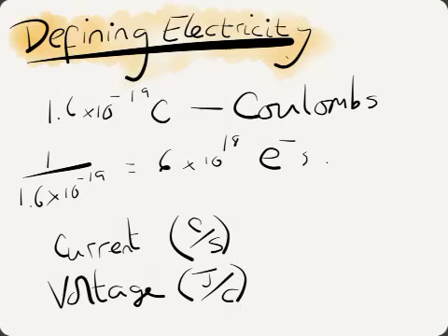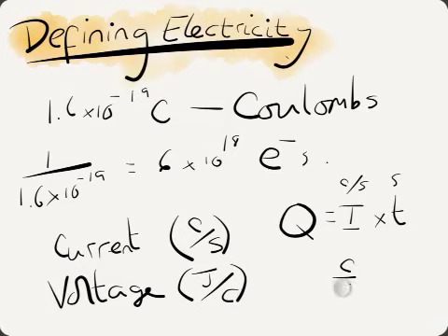With that in mind, we can then start looking at this quantity Q, the amount of charge we have. And if we wanted to count the total amount of charge flowing, if we know I, the number of coulombs flowing per second, well then by multiplying by t in seconds, that will tell us, and again we can prove it, coulombs per second times seconds, the seconds cancel, there is our unit of charge.